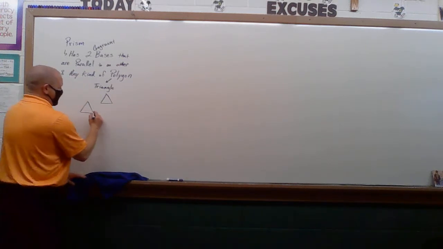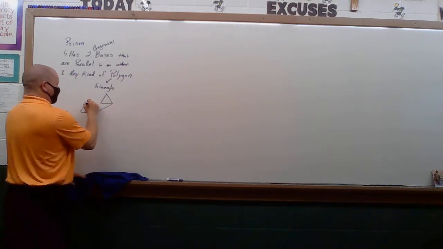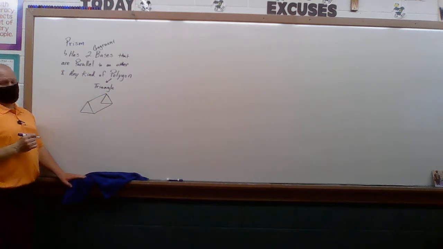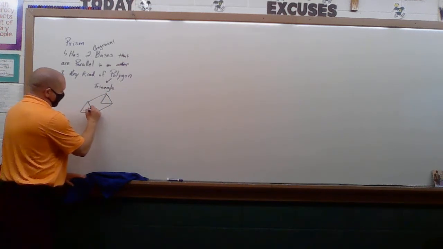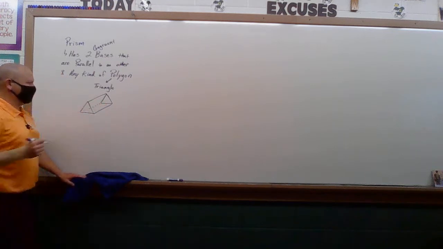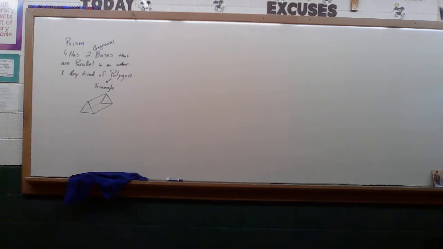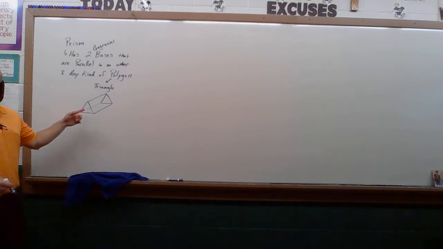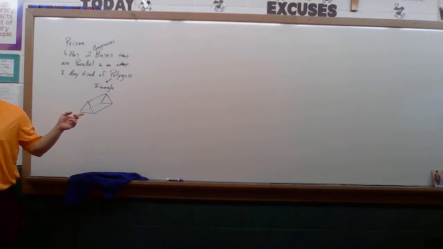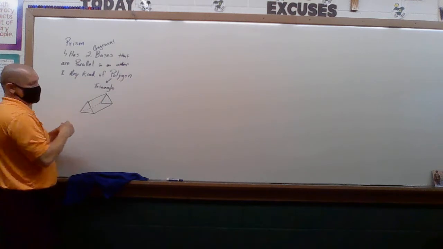And then you connect the vertices. This one right here, why would I put this as a dash line? Because it's on the other side. You can't really see it, right? So this is my triangular prism, because it has triangles on it.